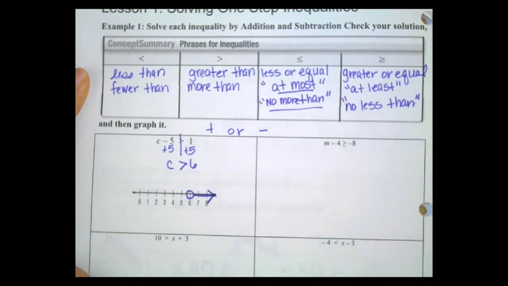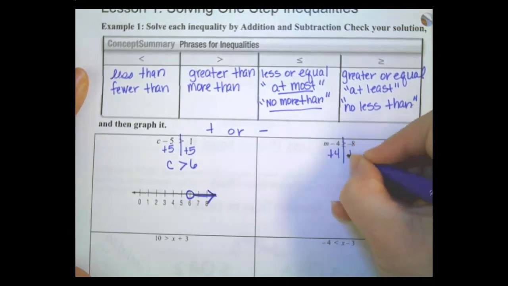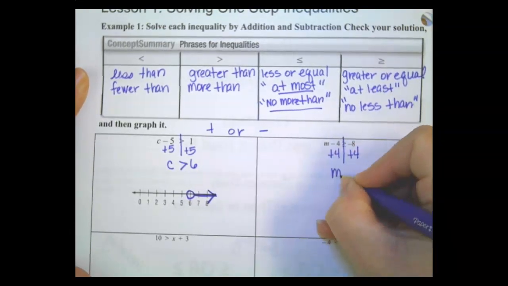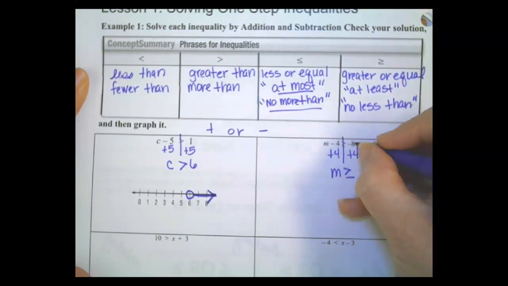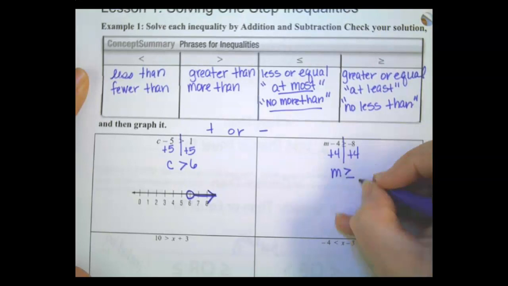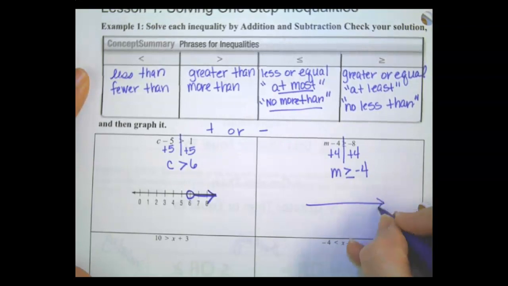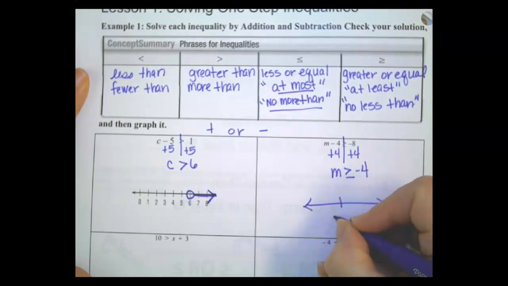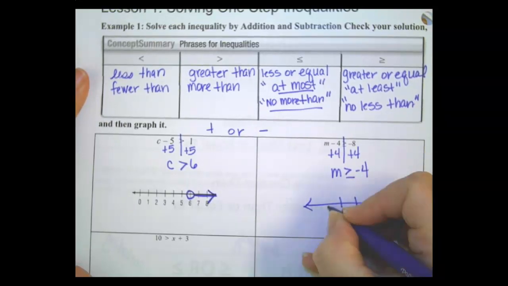The next one, solving this one. Again, add 4, add 4. M is greater than or equal to negative 8 plus 4, which is negative 4. On my number line, really, I just do this. Negative 4, as I'm increasing, it's negative 3.